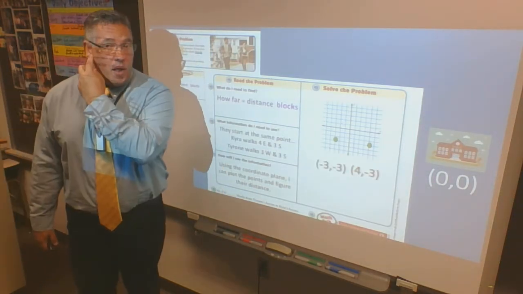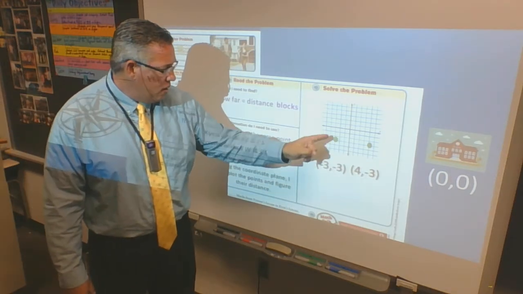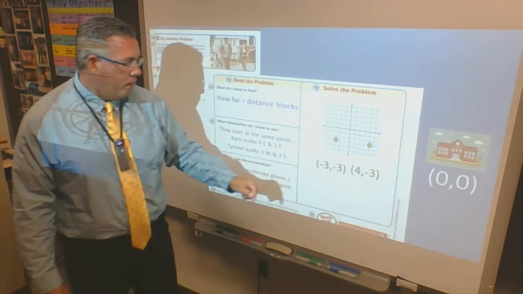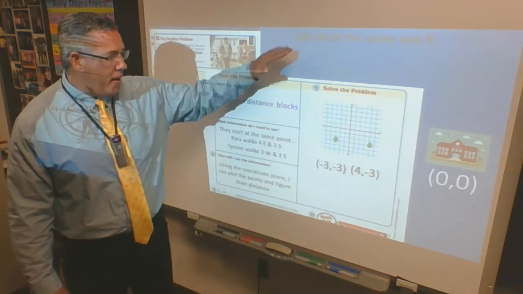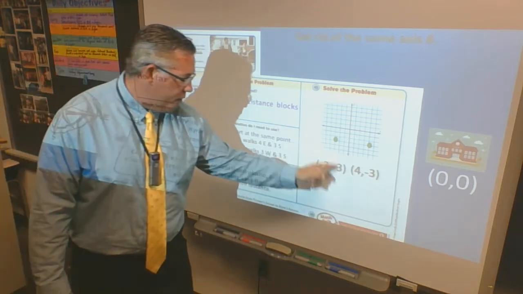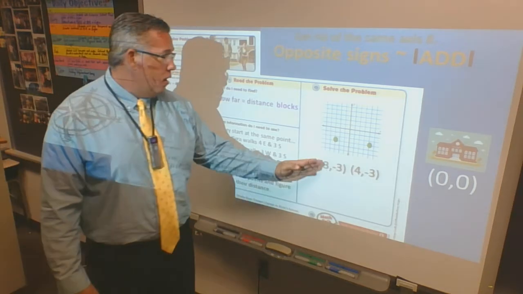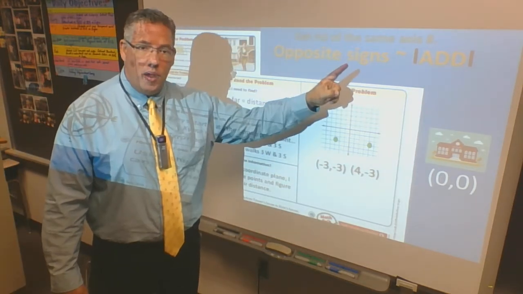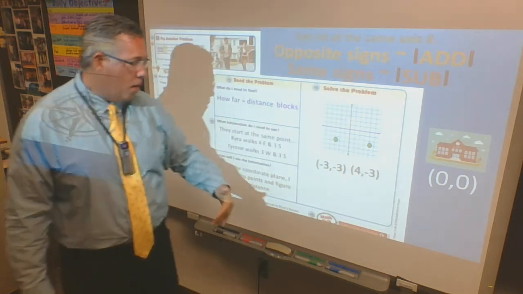So this is where we can apply yesterday's lesson. If I know that his is -3, -3, and hers is +4, -3, then I can start by getting rid of the numbers that are the same, and they have the same y's. So if I drop those out, then I can see, oh, that was the rules from yesterday, right? If they're opposites, I add. If they're not opposites, then I subtract.